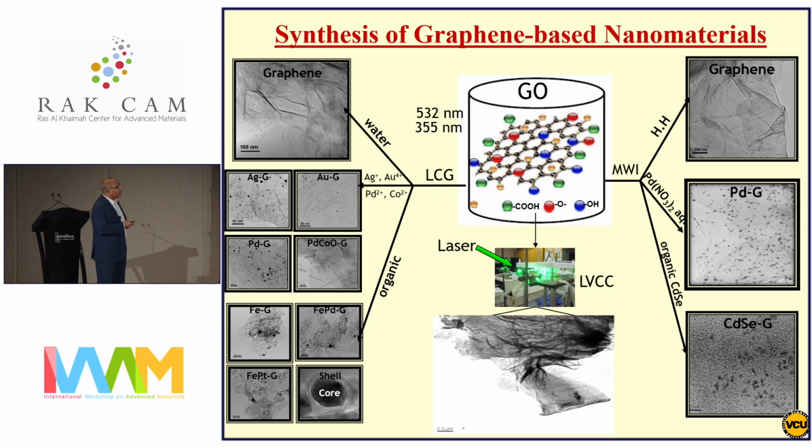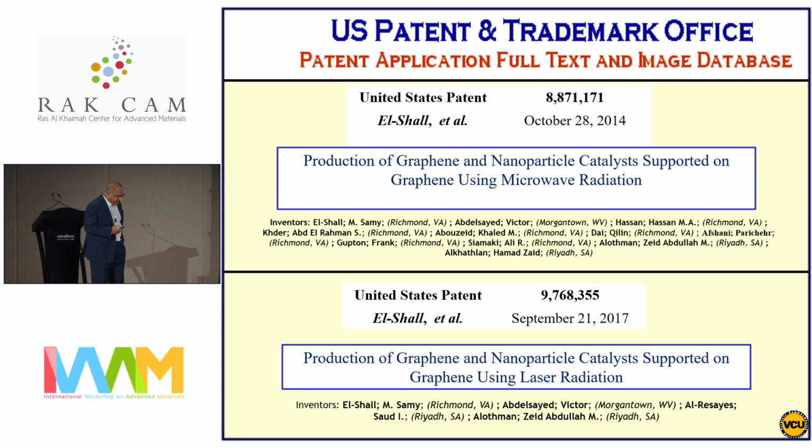In both cases, you end up forming nanoparticle catalyst supported on the reduced graphene oxide, because you have two types of reduction: reduction of graphene oxide and reduction of the metal ions that you're interested in, which happen to be palladium in this case. As a matter of fact, we actually have two patents.